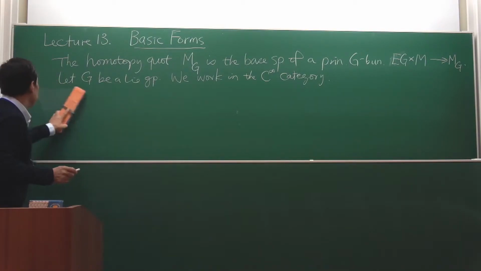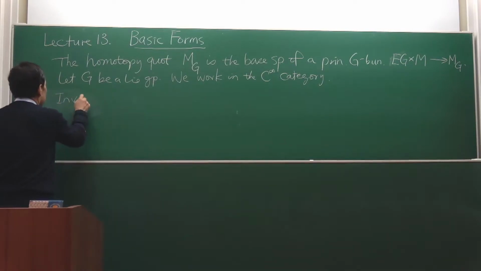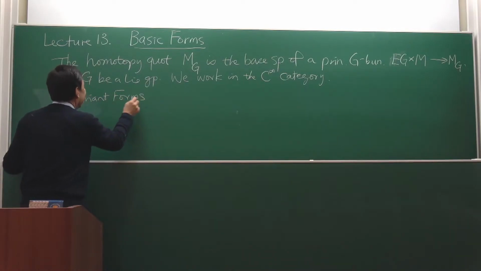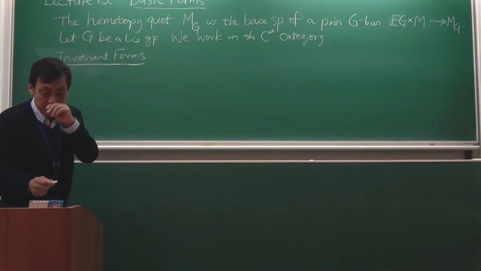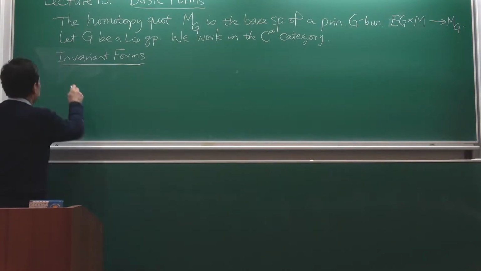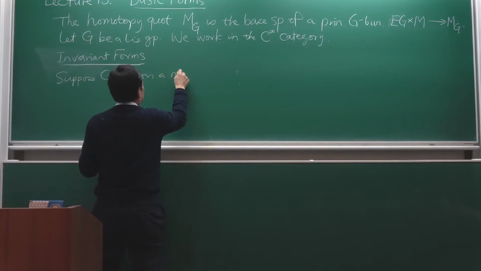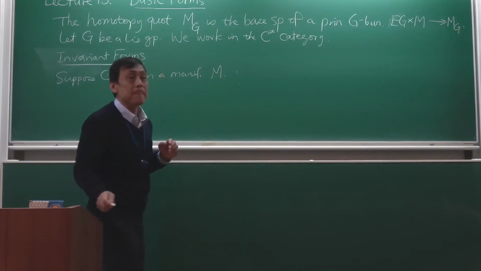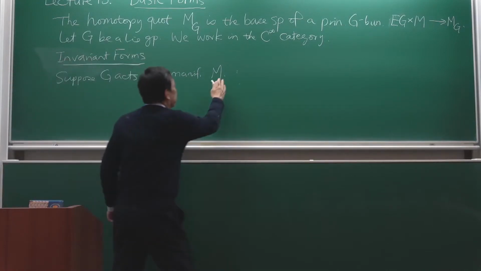Now, basic forms have two properties, one of which is that it's invariant. So first look at invariant forms. So we can look more generally at the situation when G acts on a manifold N. Let's say on the left.